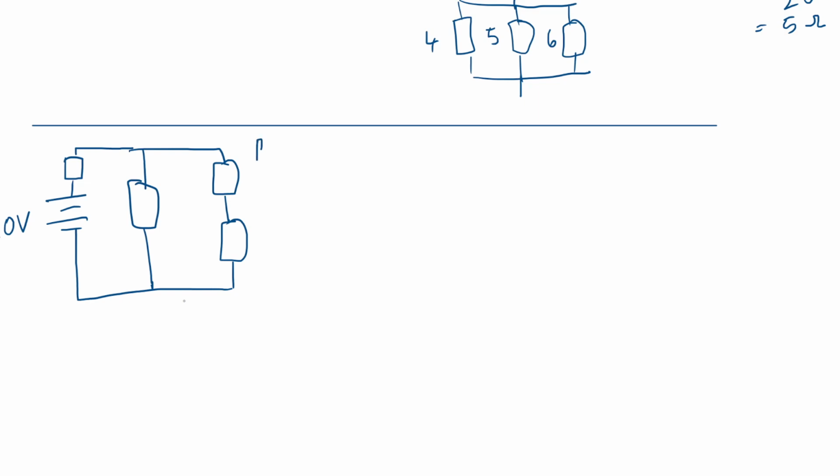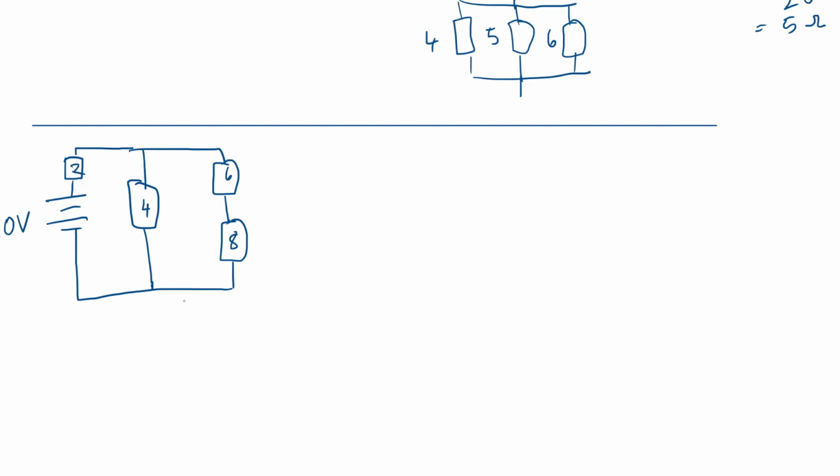Let's just say all the resistors are 10 ohms. No, let's mix it. Let's challenge ourselves. 2, 4, 6, 8. Who do we appreciate? Me. You're welcome. Those are all in ohms.